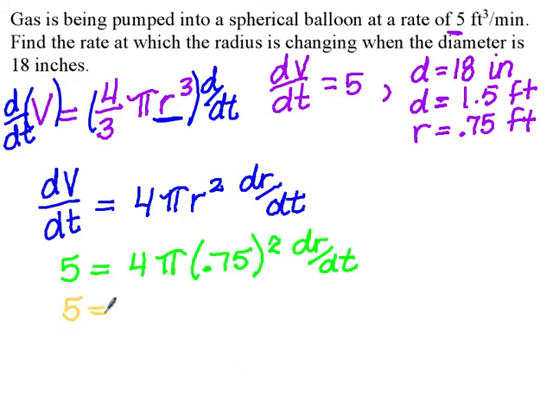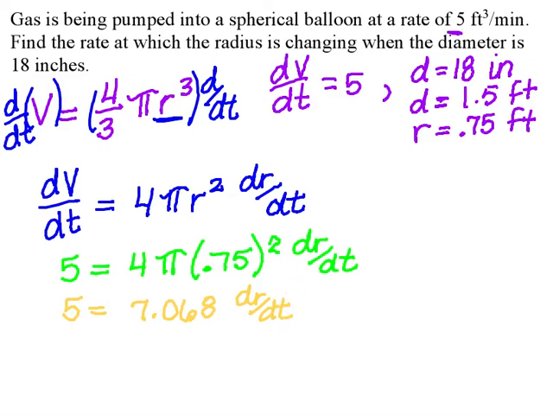So 4 times 0.75 squared times pi. Do you get something like 7 or 8? 7.068.